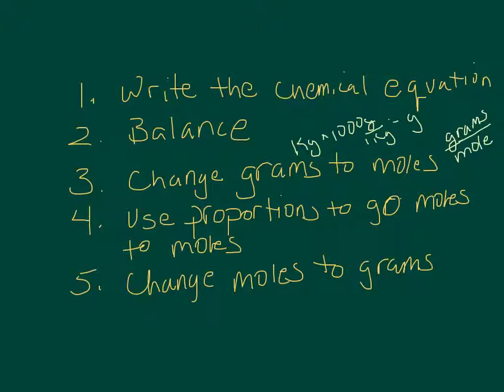So if we want to change our grams to moles, all we have to do is take our grams and divide by our AMUs, our grams per mole. They'll cross out these 2 units and flip mole up on top. So, number 3, we change grams to moles by dividing by the AMUs of that chemical.